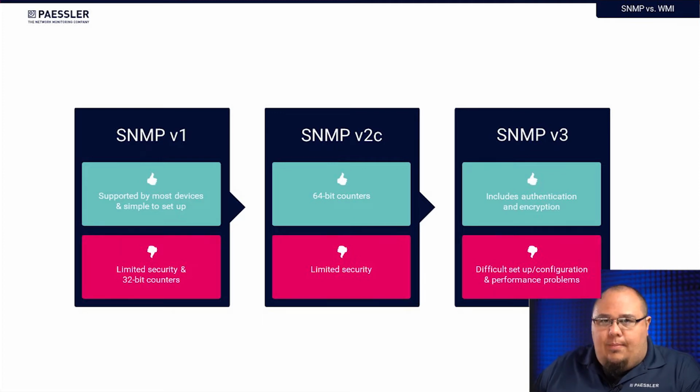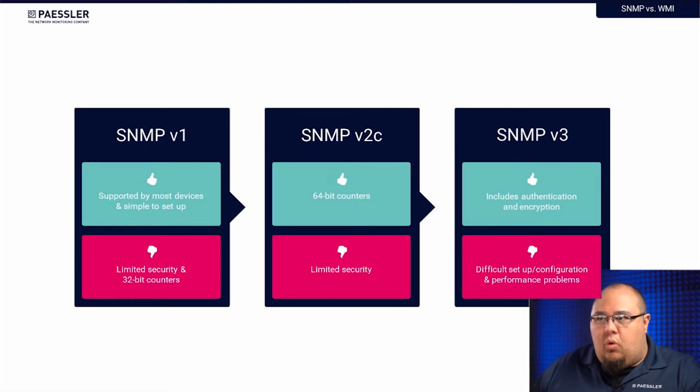It works just fine, but it is limited to 32-bit counters, meaning that there are some integer values that it won't be able to report if they get too high. Now, SNMP v2c is by far and away the most commonly used version across the planet.